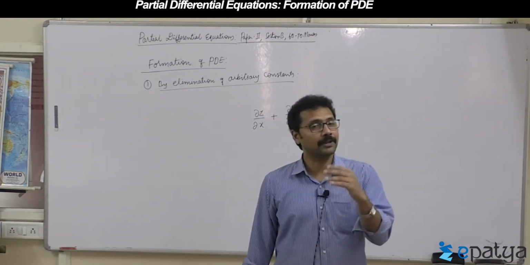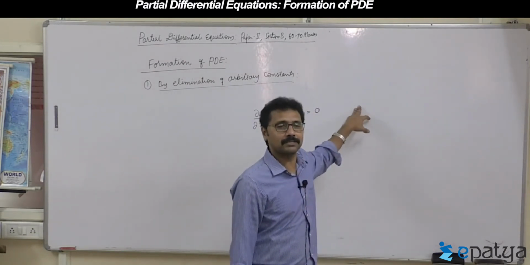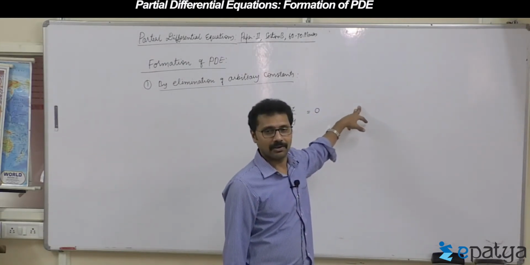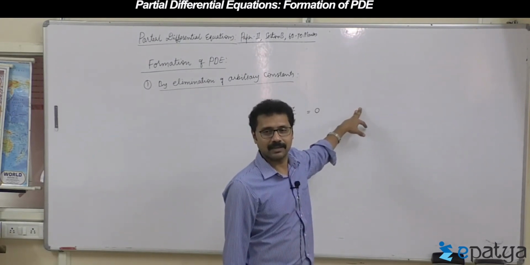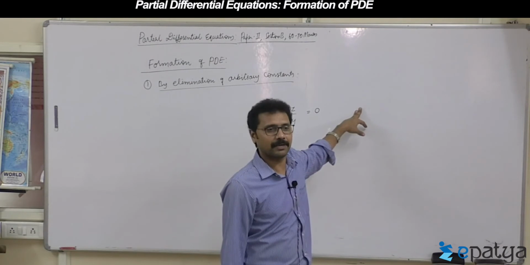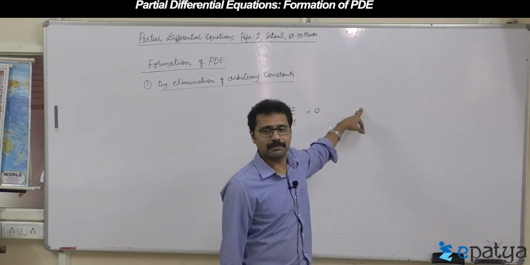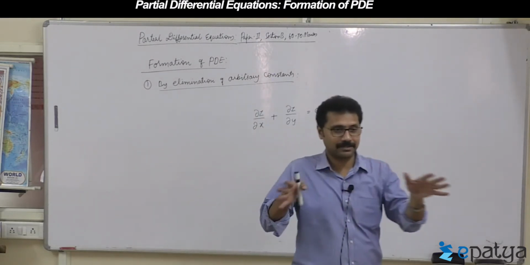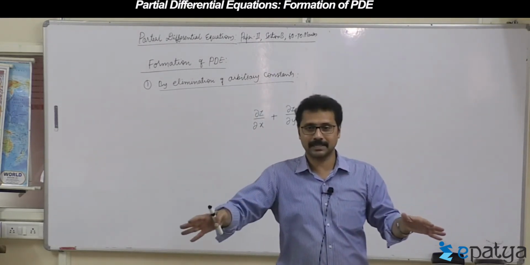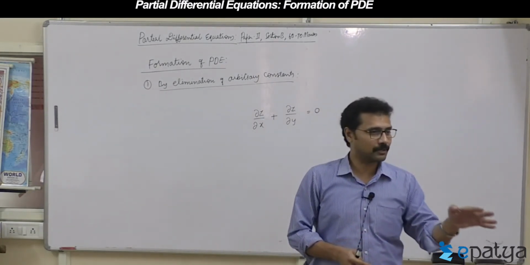Now, when you are going for higher order, shall I go with dou square z by dou x square, or dou square z by dou x dou y, or dou square z by dou y dou x, or dou square z by dou y square? There are different possibilities: with respect to x and x, x and y or y and x, or y and y.